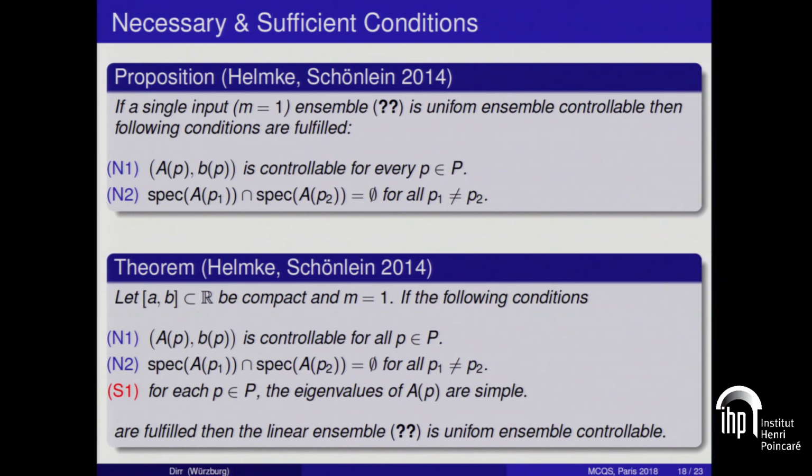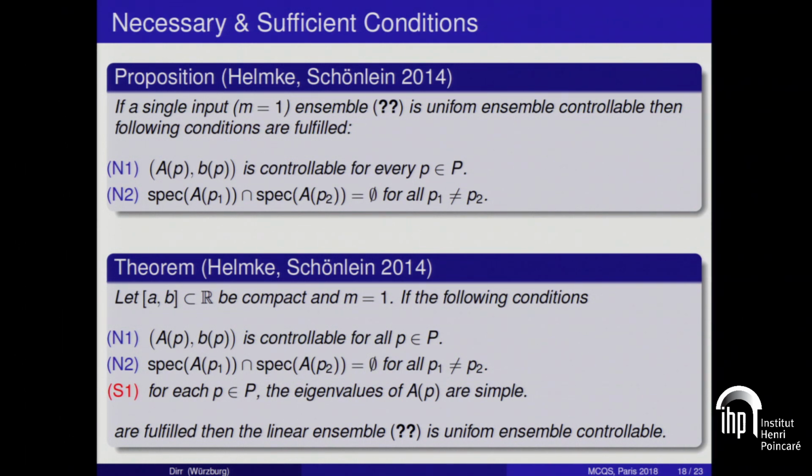The first one gives you necessary conditions, under the assumption that you have a single input system, which have to be satisfied to guarantee this uniform ensemble controllability. The first condition simply says each individual subsystem, so for each p, the pair (A, b) has to be controllable.